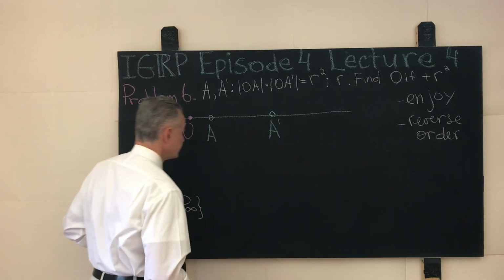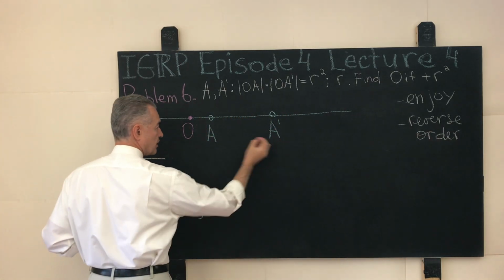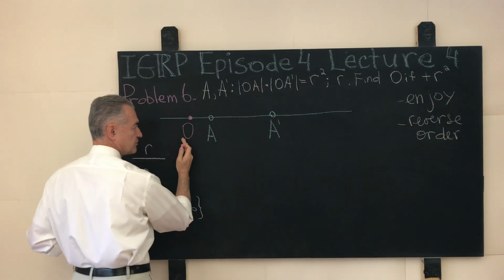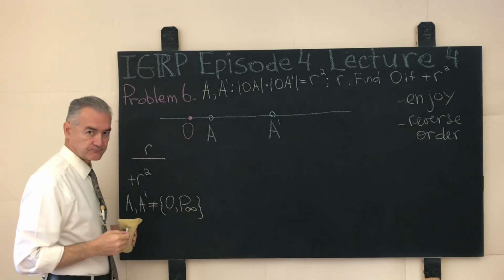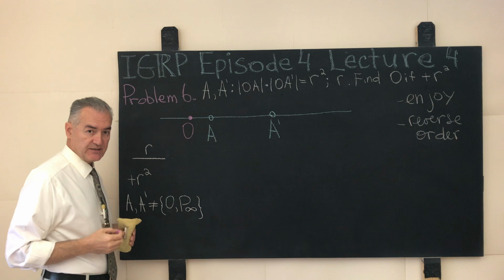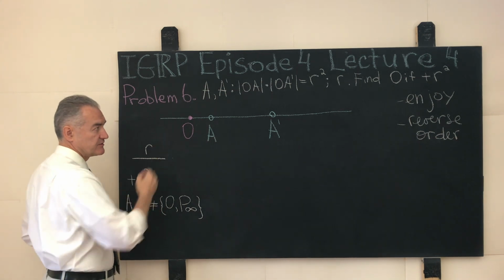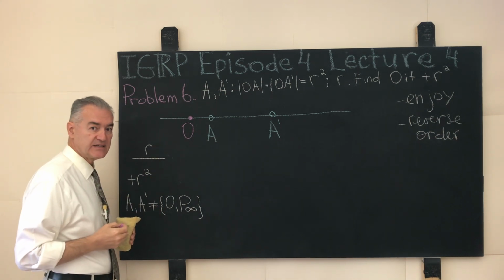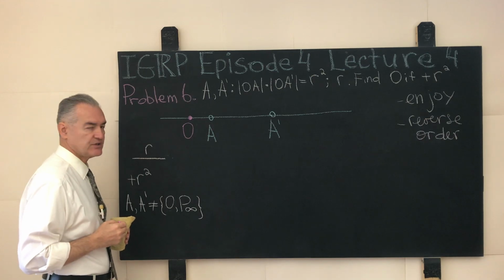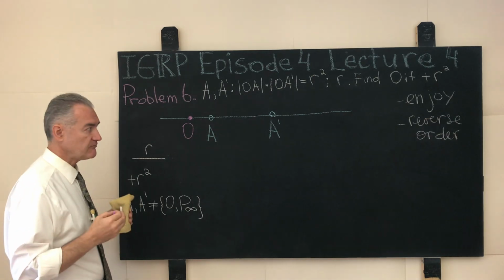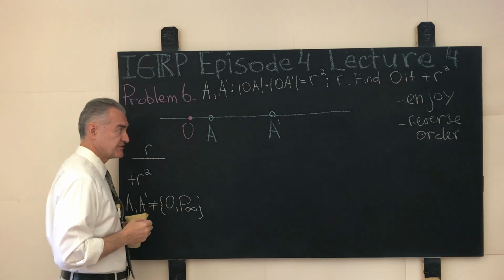Yes, it does, because in this case, both points are located on the same side of the center of inversion. Is that it? Is that the only legal potential location of the center of inversion? If we think about it, then we will realize that no.